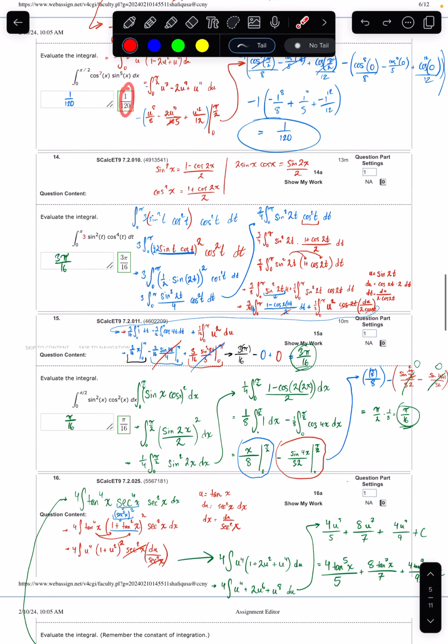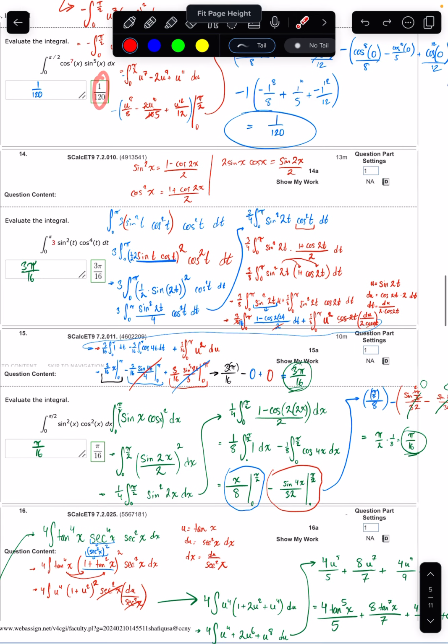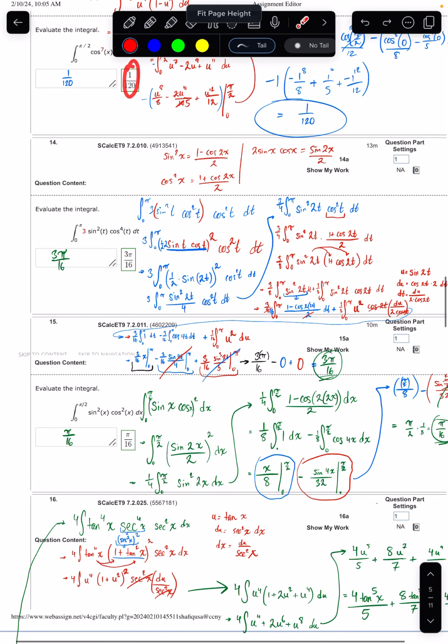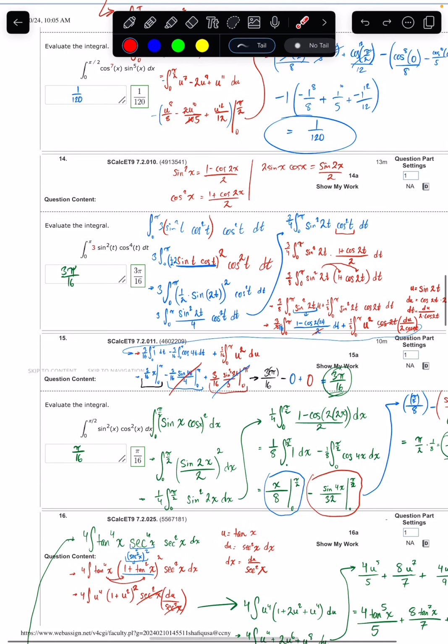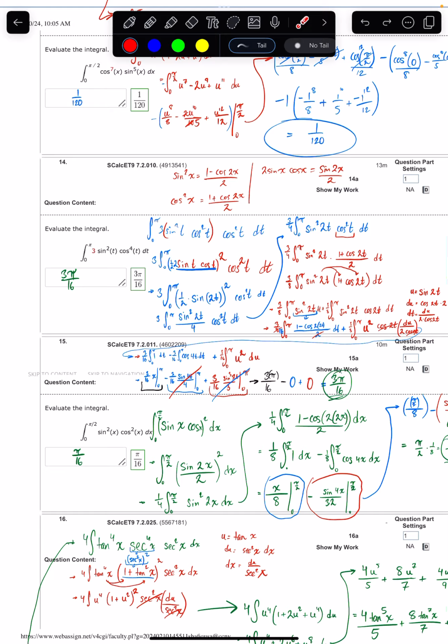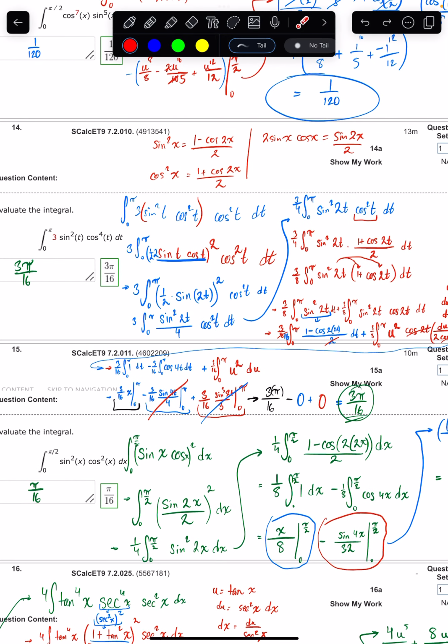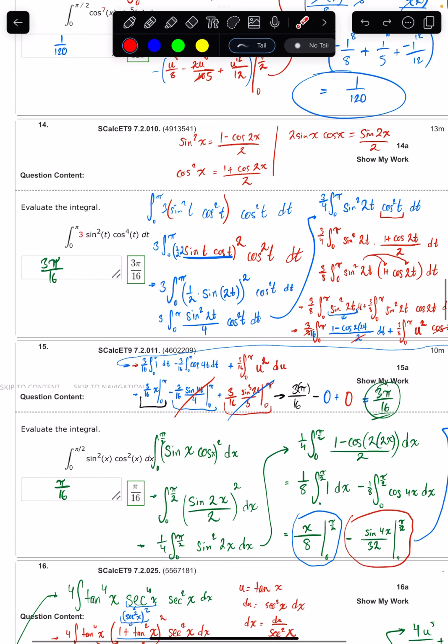Okay, number 14. 3 sine squared t cosine to the 4t. You can bring the 3 outside, it doesn't really matter, it's a constant.